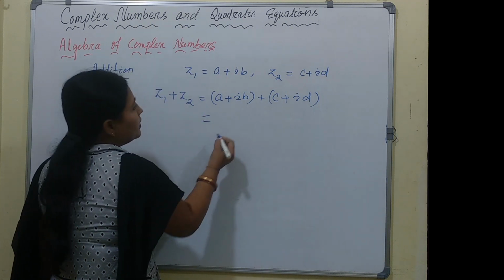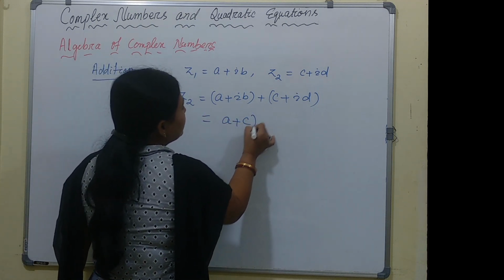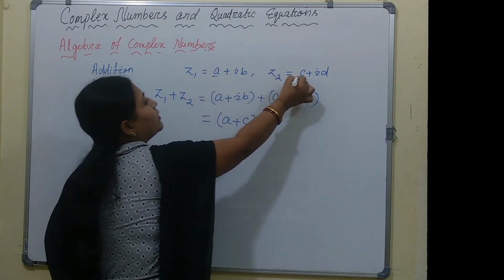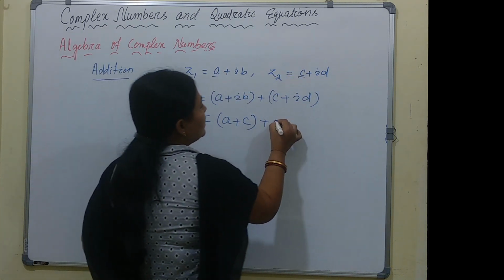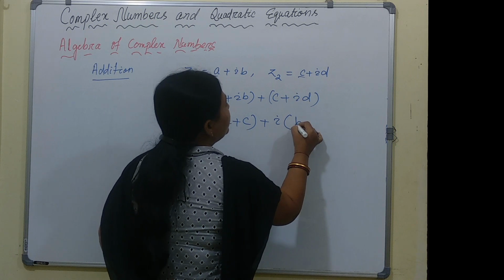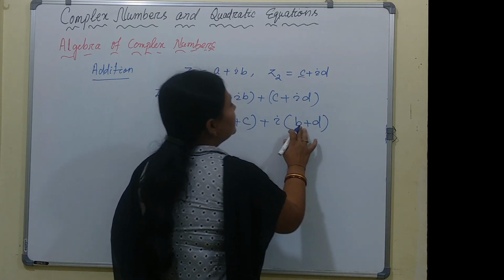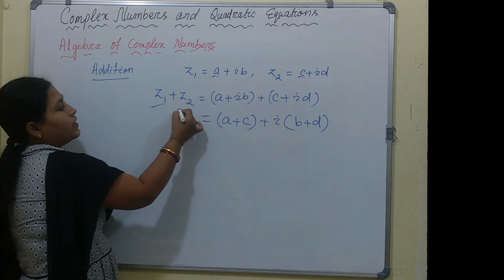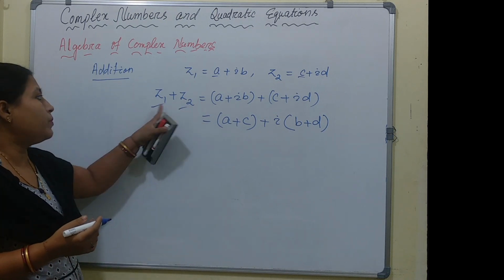So here we get (a plus c), that means the addition of the two real parts, plus i times (b plus d), meaning the addition of the two imaginary parts. So here we get the addition of complex numbers.